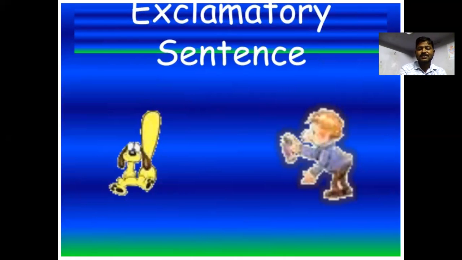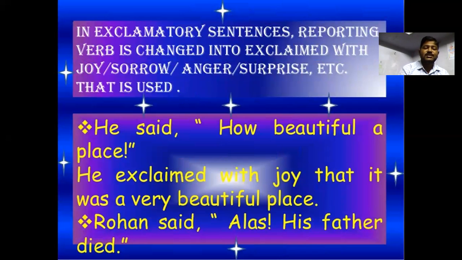Look at the exclamatory sentences. How are we going to change them? In exclamatory sentences, the reporting verb is changed into exclaimed with joy, sorrow, anger, surprise, etc. That means certain feelings can be expressed in exclamatory sentences. He said, "How beautiful a place!"